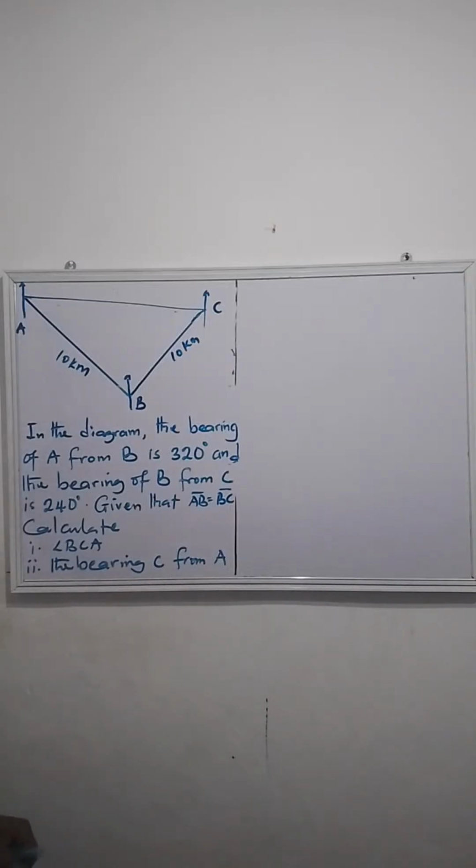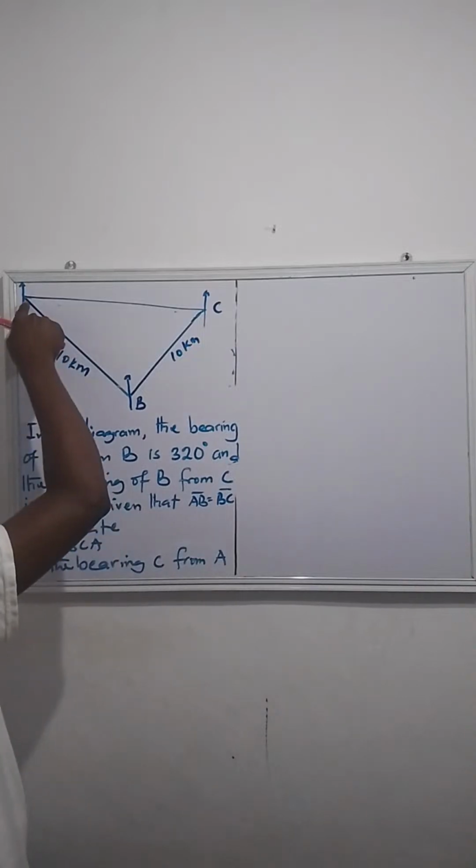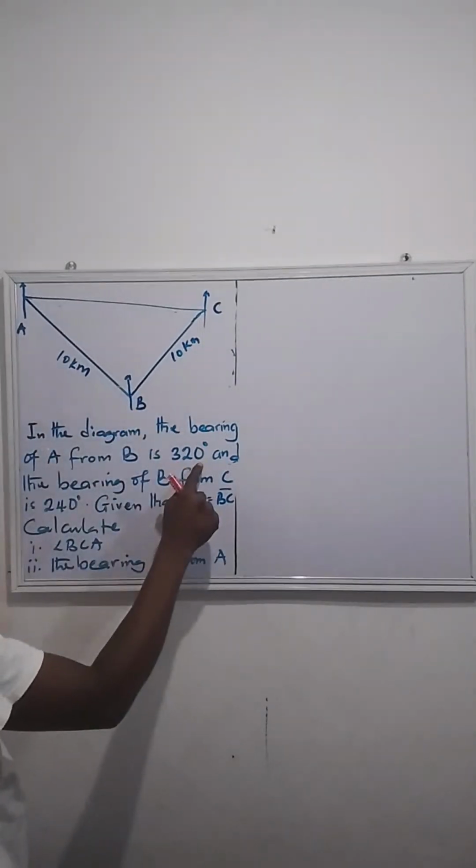So how do we go about this? We have to examine the diagram very well. So let's see what the question is saying about the diagram. The bearing of A from B is 320 degrees.